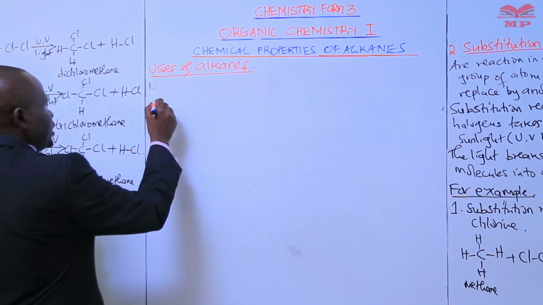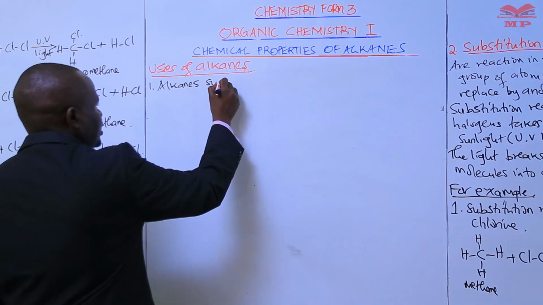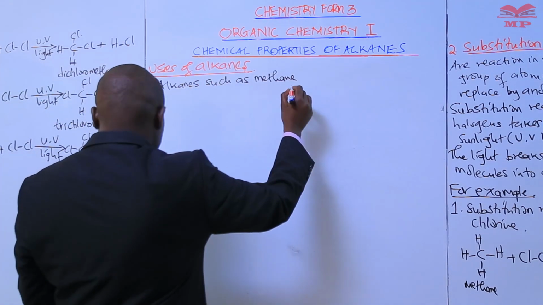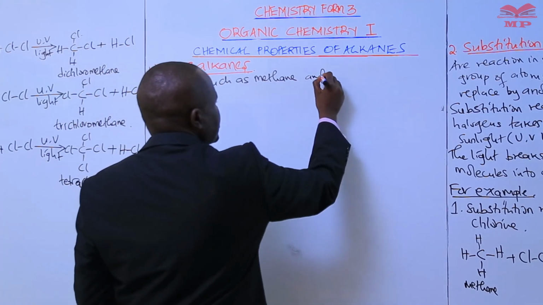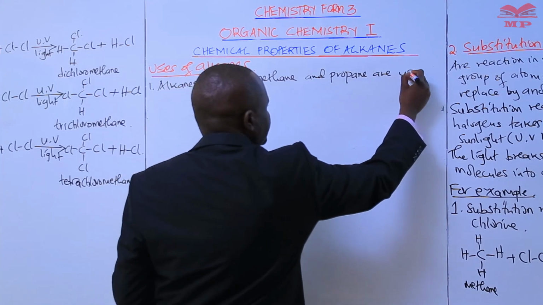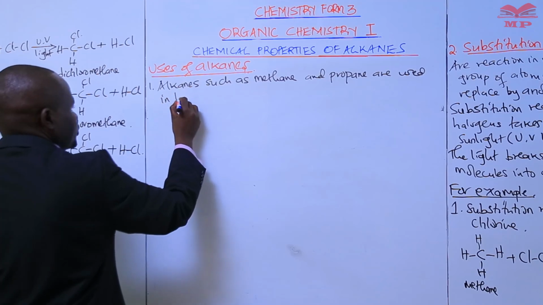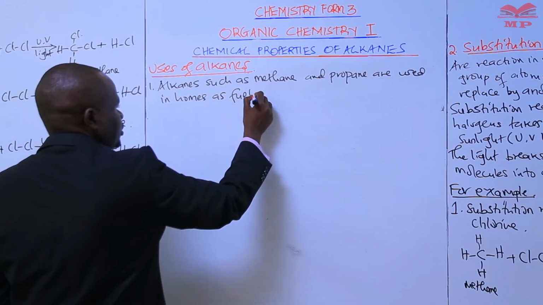First one is this, that alkanes such as methane and propane are used in homes as fuels.